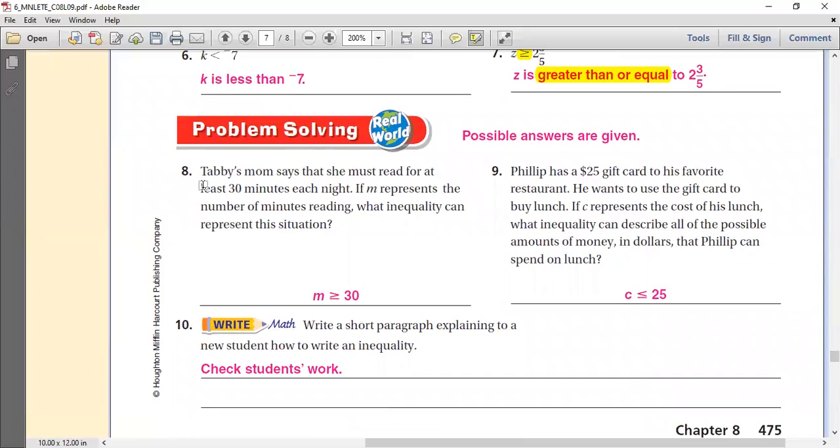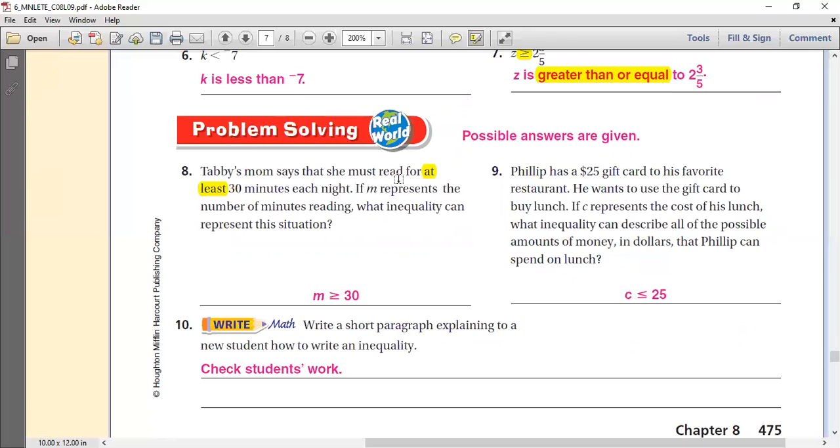Okay, question number 8. Now again, your favorite problem solvings. Tabby's mom says that she must read for at least, here you go, there is this word at least. So what does this word at least mean? At least means she should have 30 minutes or more, right? It cannot be less than 30 minutes. As I told you yesterday, if you want to pass, you have to at least get 95 marks. So at least 95 means you have to get 95 or more.